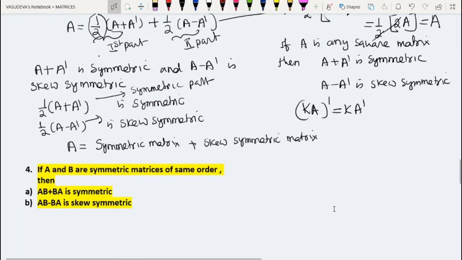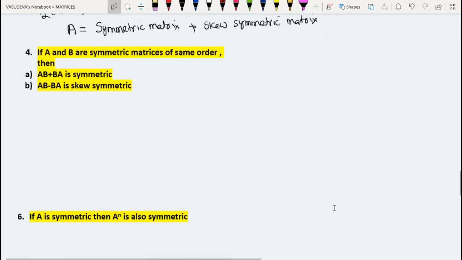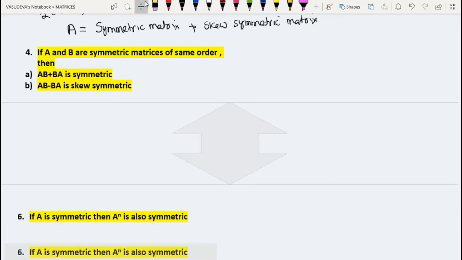Then the next property: if A and B are symmetric matrices of the same order, then AB plus BA is symmetric and AB minus BA is skew symmetric.